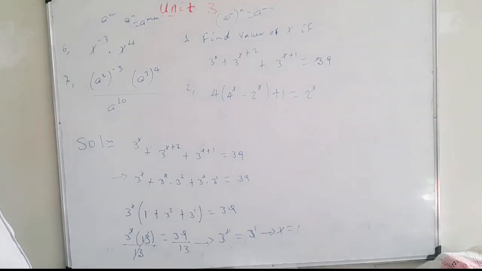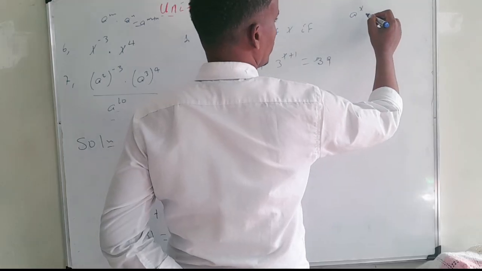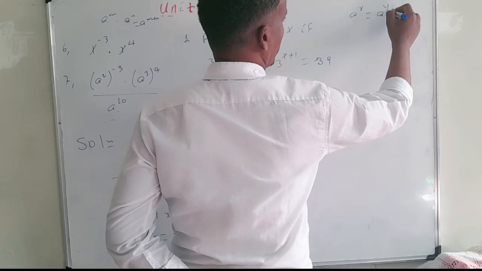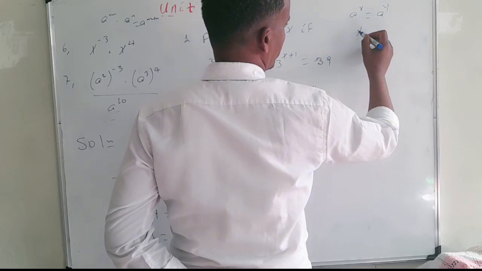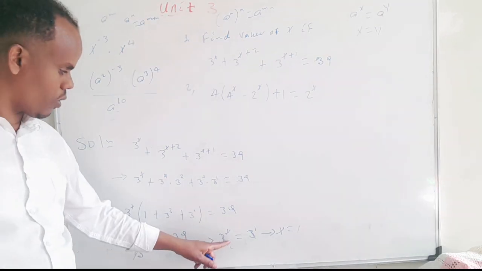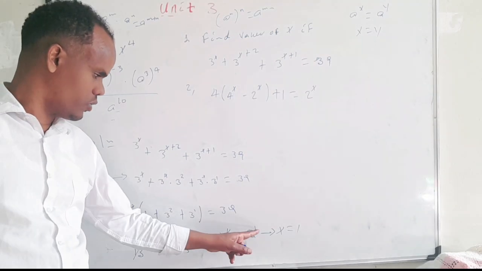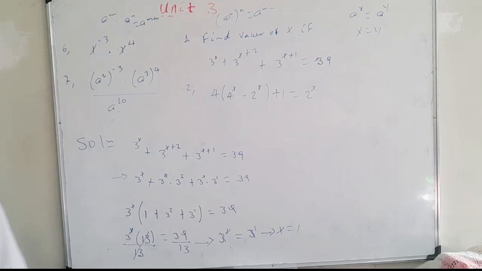Using the rule a to the power of x equals a to the power of y, x equals y, then 3 to the power of x is equal to 3 to the power of 1, so x is equal to 1. Okay, second one.